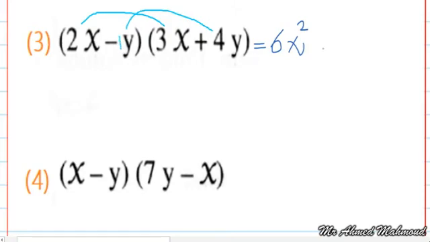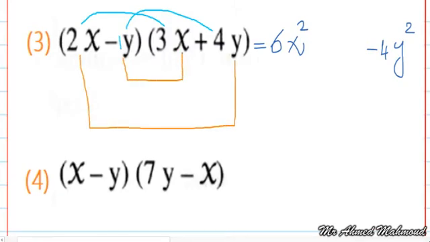Negative 1y times 4y, it's equal negative 4y to the power of 2. The means, and this is the extremes. The means here will be negative 1 times 3 equal negative 3xy. 2 times 4 equals 8xy. Okay, finally I'm going to add them.